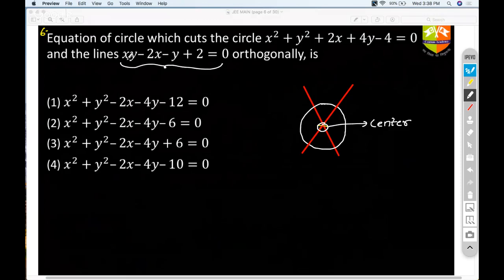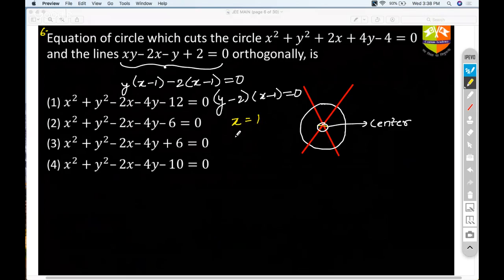Correct? Now you can easily find that out because if you take the first and the third term, you get something like this. And you take minus 2 common, you get x minus 1 equal to 0. That means y minus 2 times x minus 1 equal to 0 is the two lines which constitute this pair of straight lines. Now this clearly implies that the meeting point has to be 1 comma 2, right?